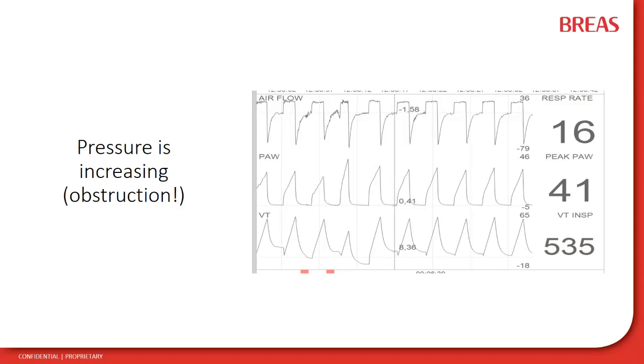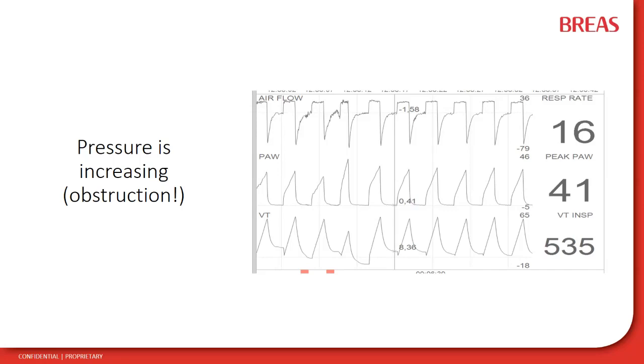And what happens if pressure is increasing? If the pressure is increasing, it suggests obstruction of the airway. And if we set the alarms below the current airway pressure, the ventilator automatically stops the cycle.